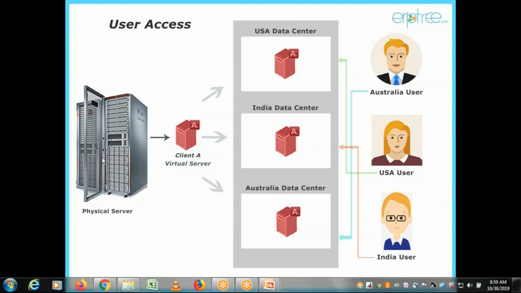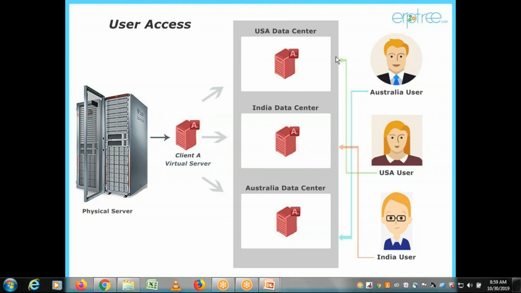So what a cloud computing company does is, by using the physical servers, they create a virtual server. Say client A wants to use Oracle applications. It could be finance or SCM or HCM, anything. Take the example that they want to use Fusion applications. In that case, Oracle will create one virtual server and allot it.